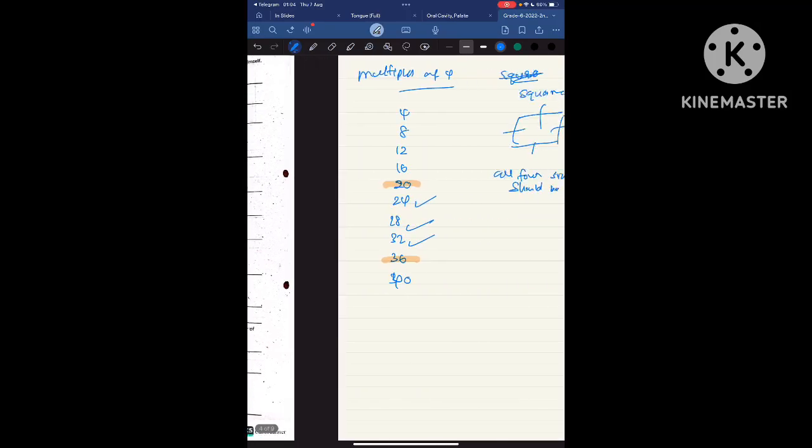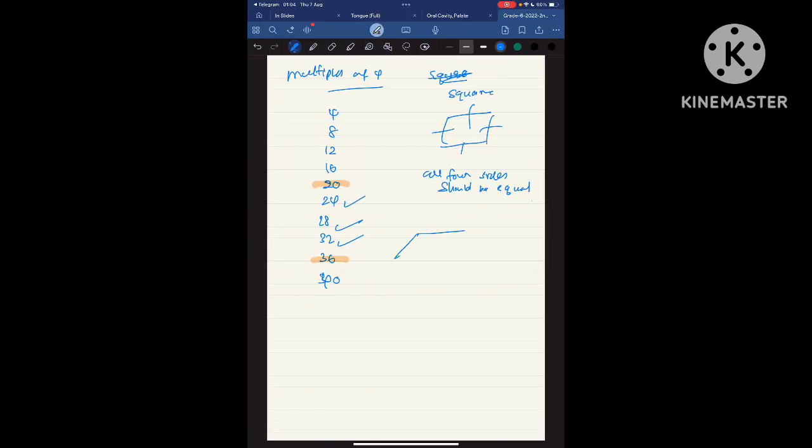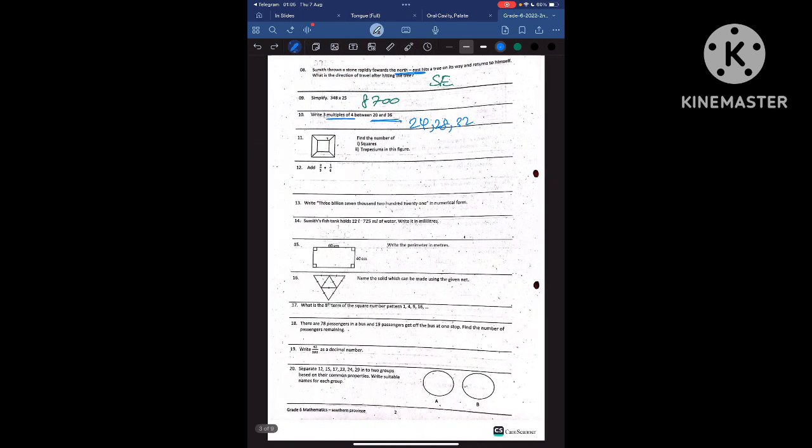But trapezium means all four sides need not be equal, but one pair has to be parallel to each other, like that. The next pair should not be parallel like this, but one pair has to be parallel. Here see, this pair is parallel, no? Like that, one pair has to be parallel.